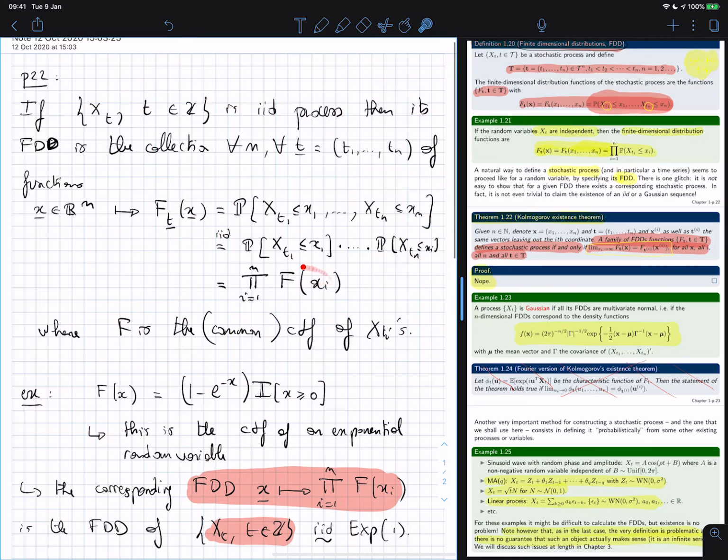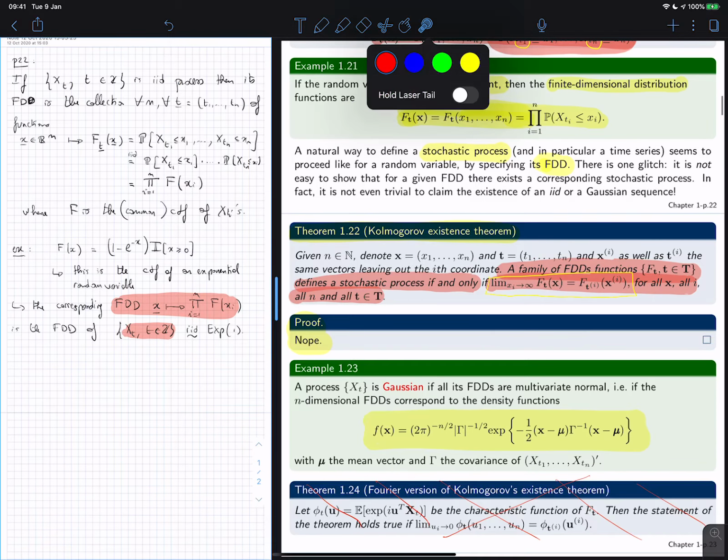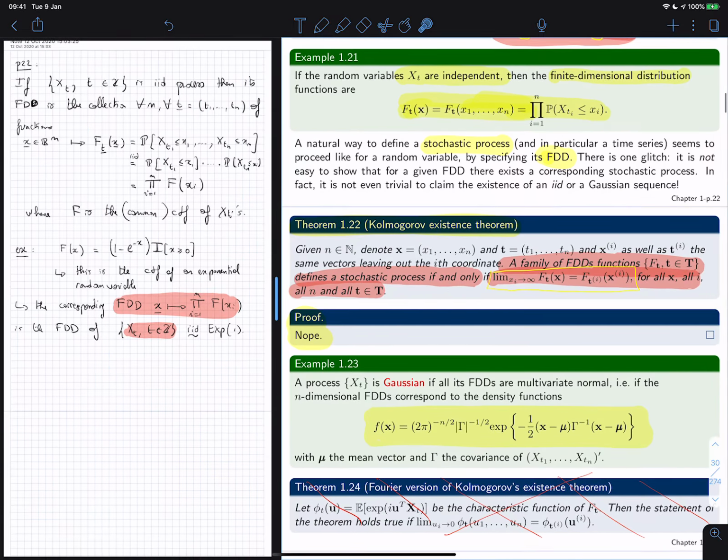If we're not in such a simple case, it's a complicated question, which is answered by Kolmogorov's existence theorem. It says that it is enough that if we take the limit of any component going to infinity, we are still left with the family at one time point less.